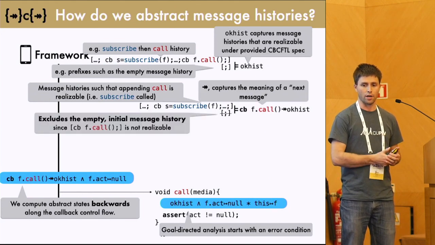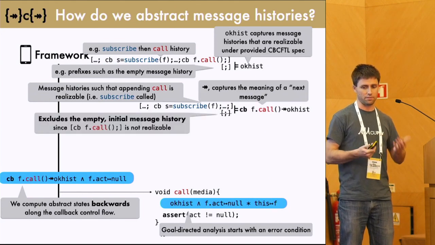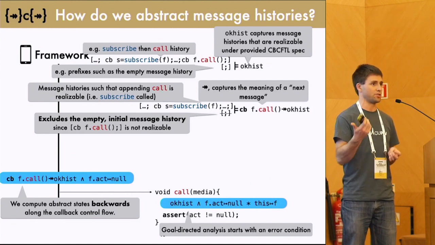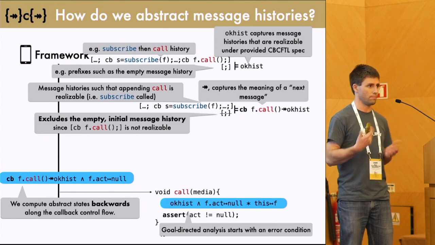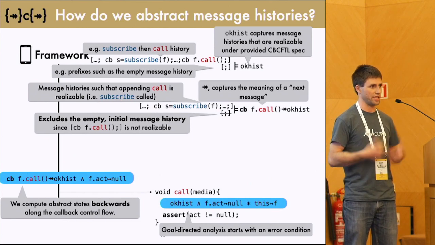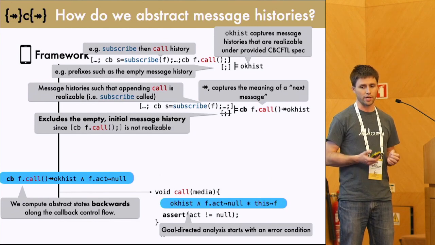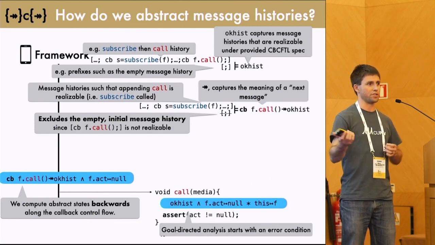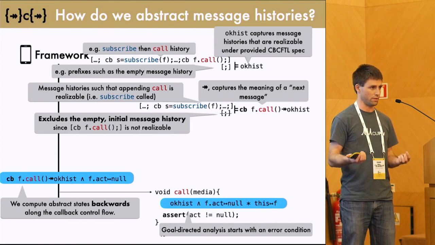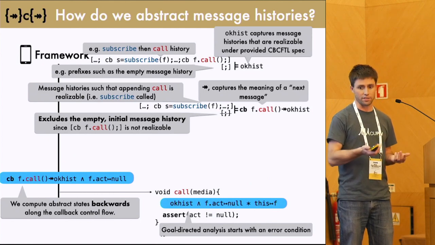But importantly, this excludes the initial message history because you can't just have a call in the application. This would correspond to a task finishing that was never started. And so this is how we maintain precision, because a normal analysis here would have to have an alarm.